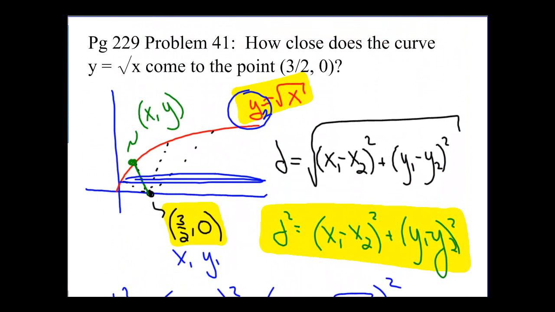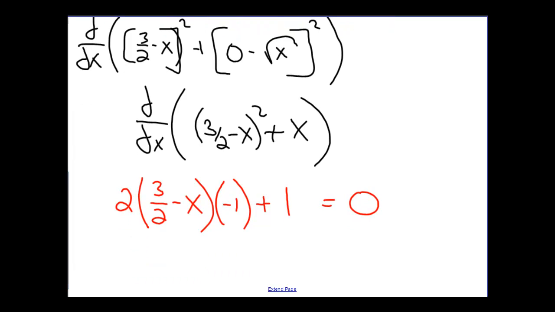If you look at the original problem up here and we look at the graph, notice that while I can make a small distance by choosing a close point, I could make the distance as large as I want by simply choosing a point that's very far away, a very large x value for the function. That would give me a point that was very, very far away. In fact, I could make that distance as large as I wanted. So this particular problem has no maximum value. There's only going to be a minimum value, and that's what we're looking for here.